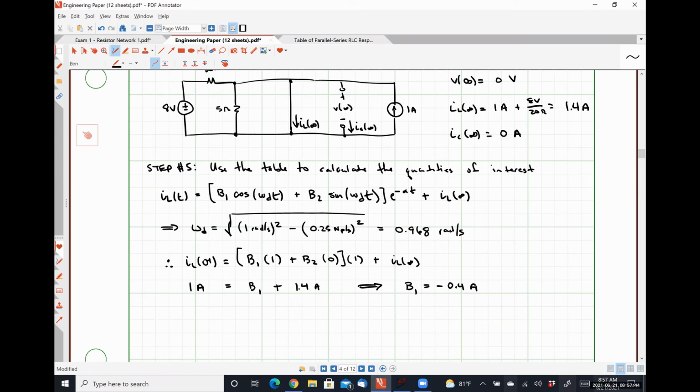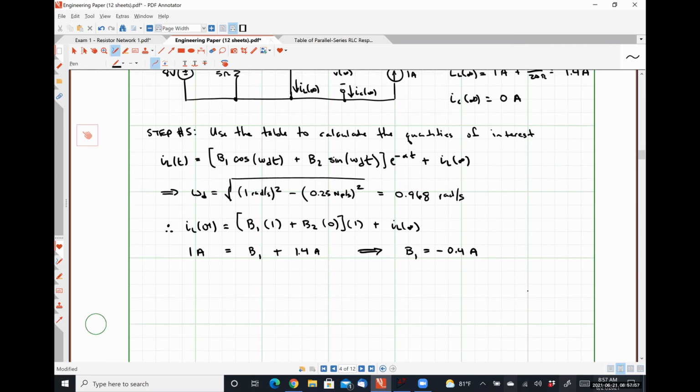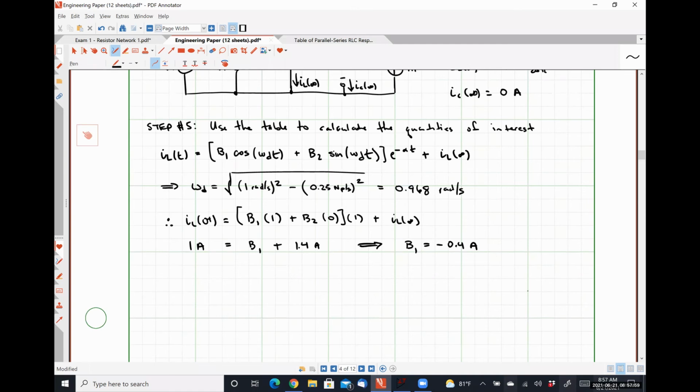So we've got one of our two coefficients already taken care of, related to our initial conditions on our inductor current, and also had something to do with the final condition because this guy had a non-zero infinity value.